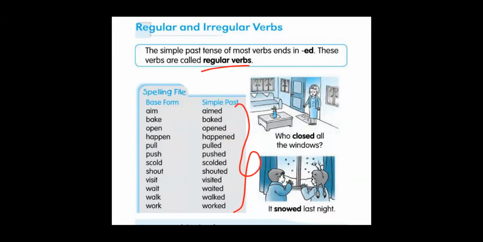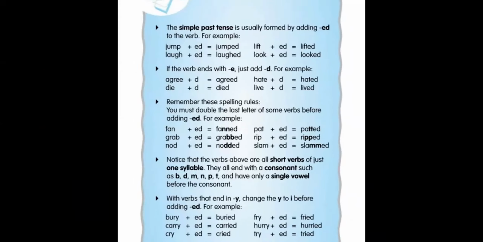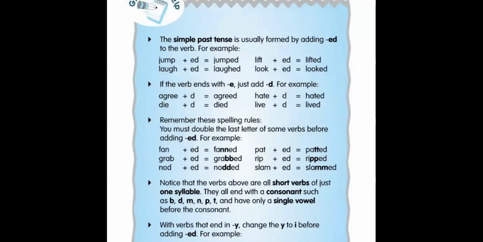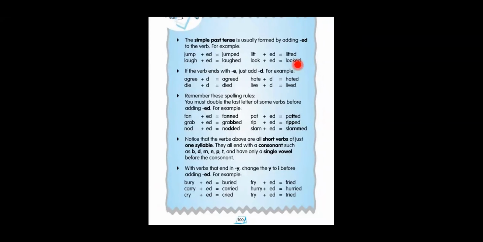Now let's see the examples and the rules. The simple past tense. Listen carefully, all of you, and pay attention. I'll ask questions to anyone now. The simple past tense is usually formed by adding ed to the verb.